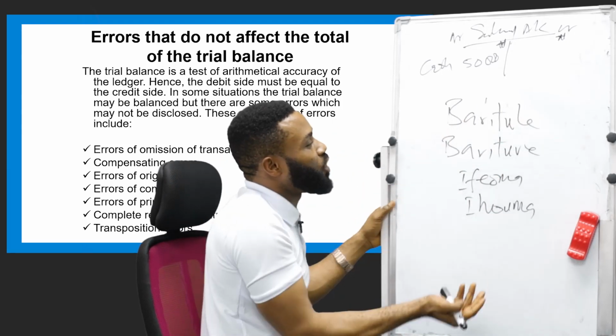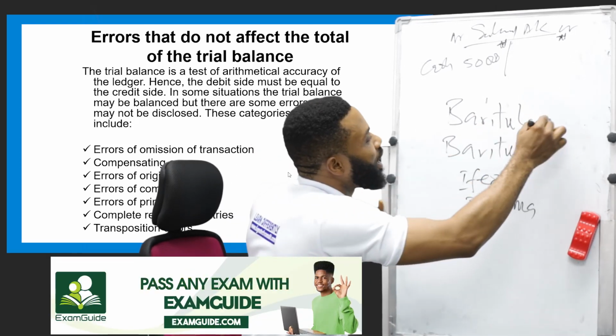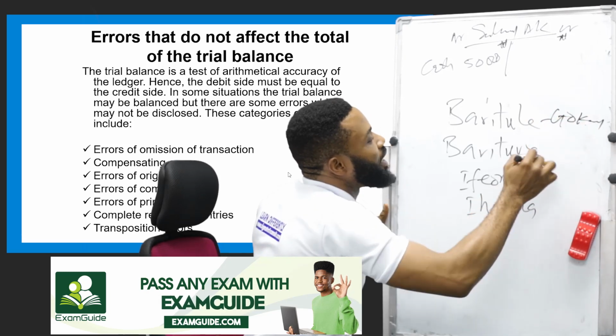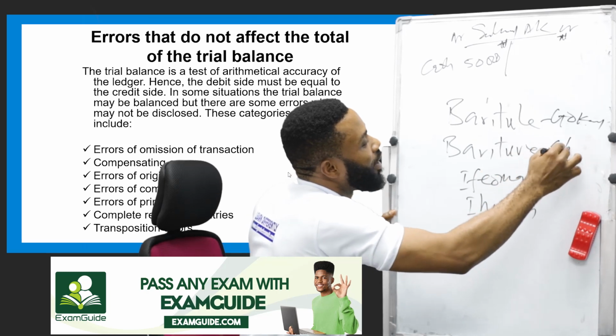The same thing with Baritule. Baritule means God lives in Gokana. And then in the same Ogoni land, Bariture is for Kana.